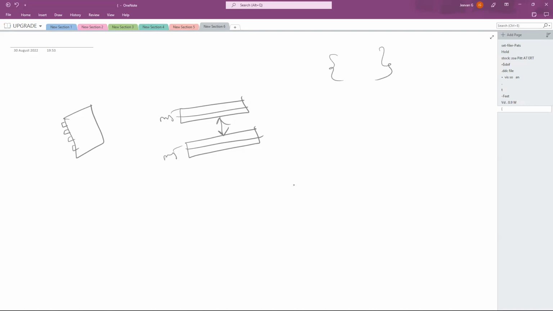Some 25.3 to 36.46, whatever. This is how your coordinates will look.